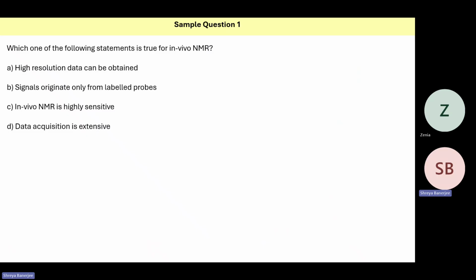The first question is asking which one of the following statements is true for in vivo NMR. So here the answer is D.